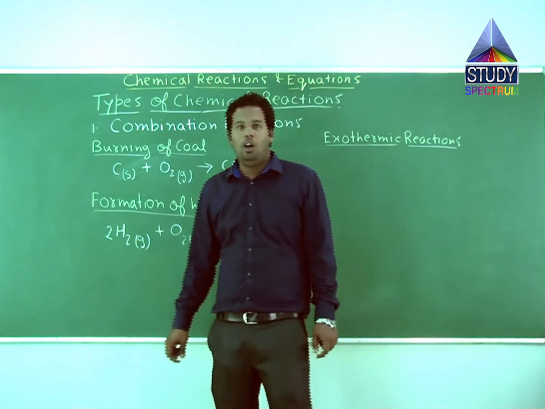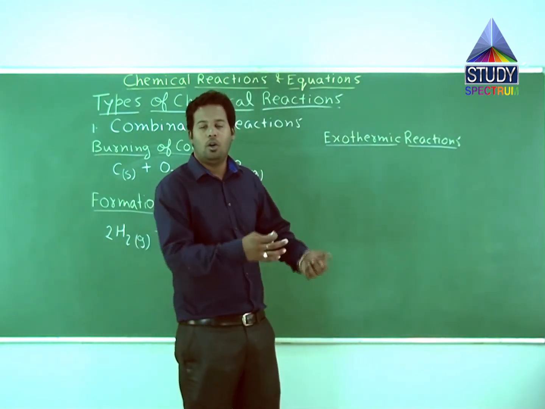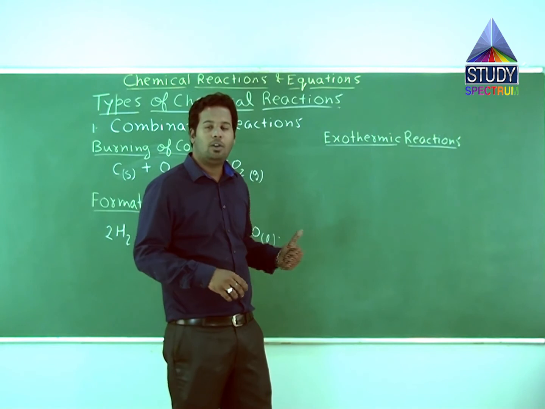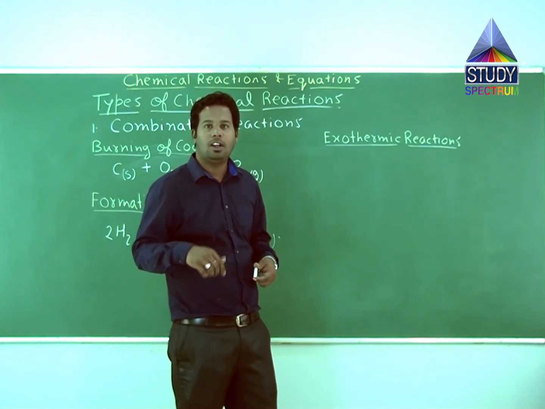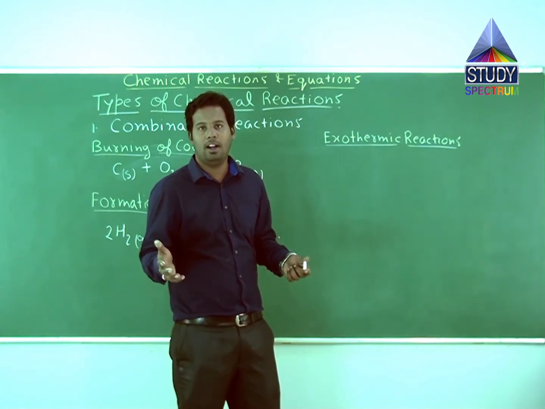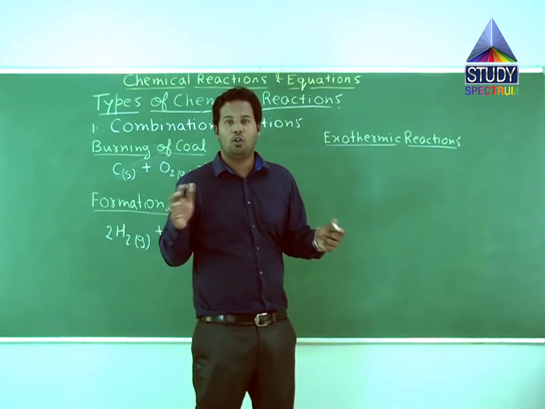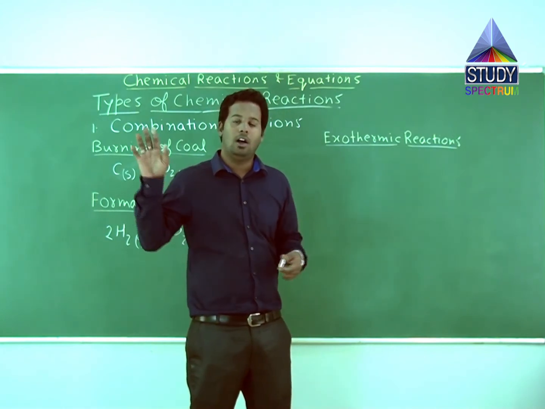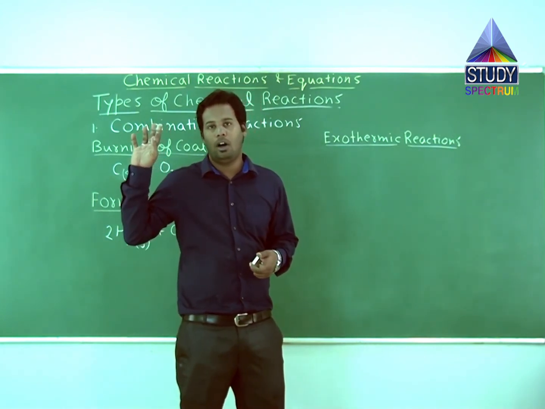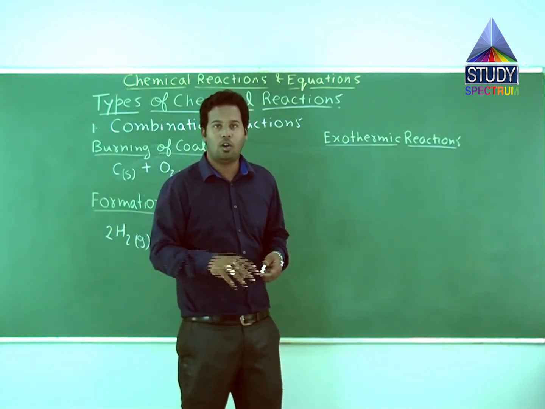Now we all know that there are many reactions which liberate heat when they occur. For example, just before this we have seen the example of calcium oxide, quicklime, being dissolved in water to form calcium hydroxide, and I have just explained that during whitewashing you can feel the heat, the room becomes hot, as that particular compound, calcium hydroxide, is being coated on the walls of your house.